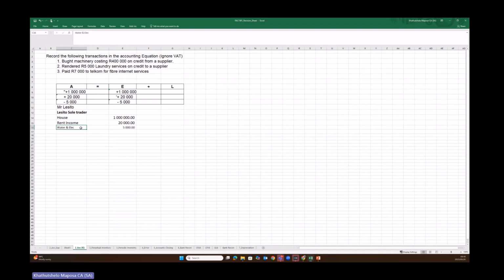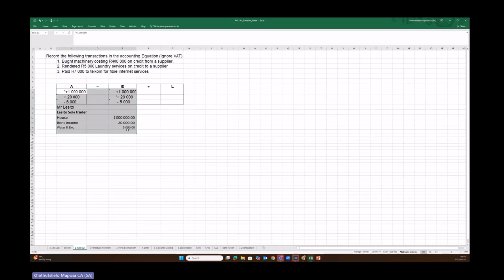If we're buying something for cash, it means we're paying with the money from the bank. It means bank will be credited, or assets will go down. And if we are paying on credit, that is the trade payables, which is a liability in that regard. So that's what it is.